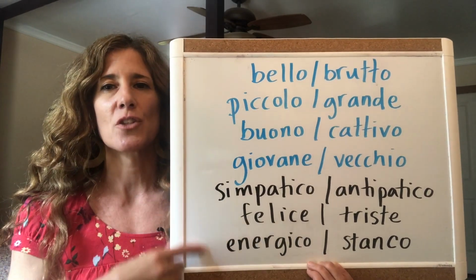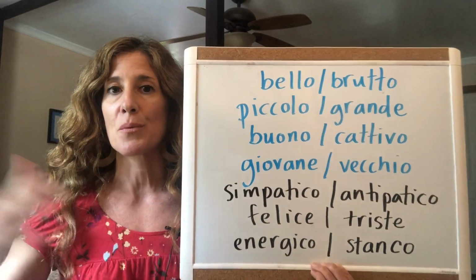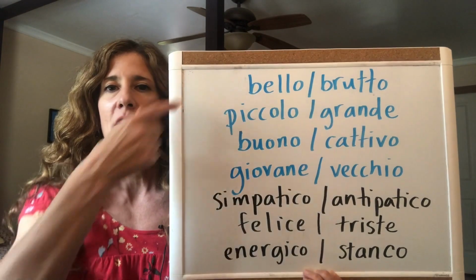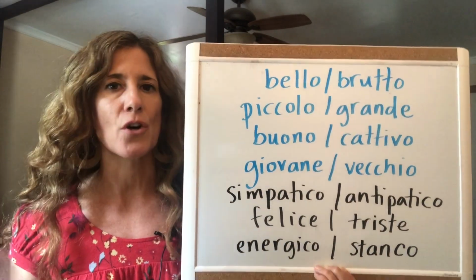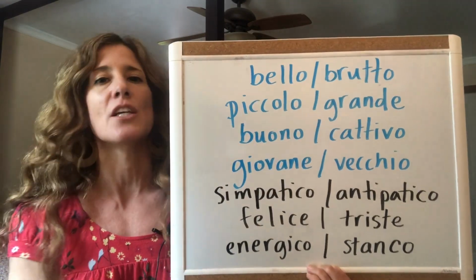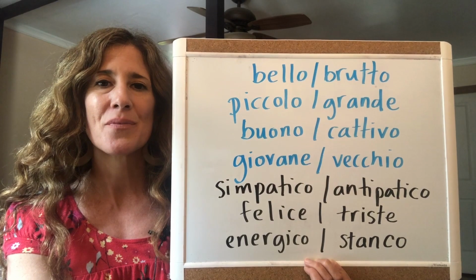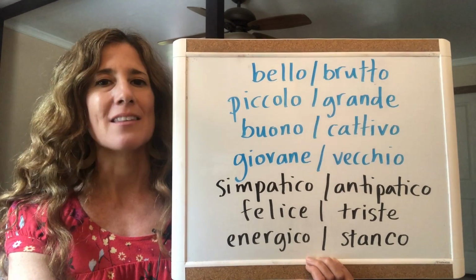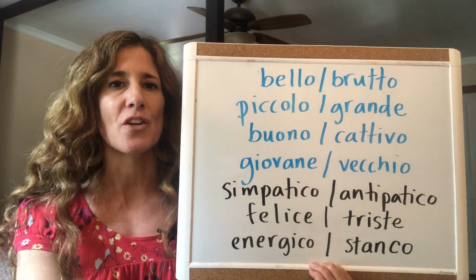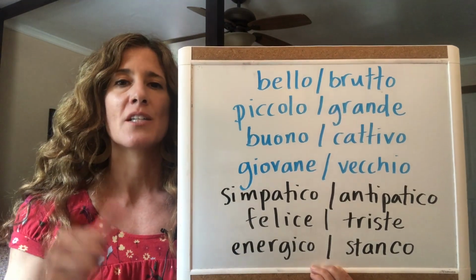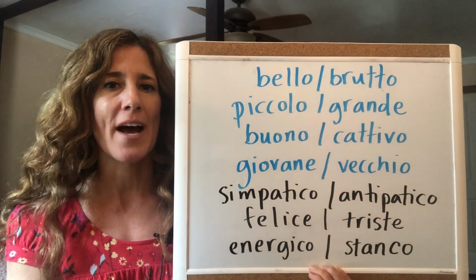So then there's some more adjectives down here that now these in black they're going to follow the noun. These precede the noun, these follow the noun, okay? But these are also pairs of opposites and commonly used. So ripetete, simpatico, antipatico. So the accents on both of those is on the third to the last syllable. Simpatico, antipatico, okay?